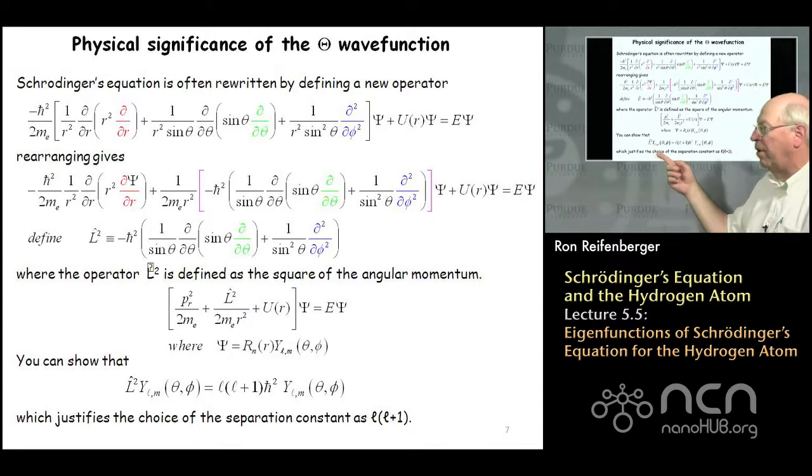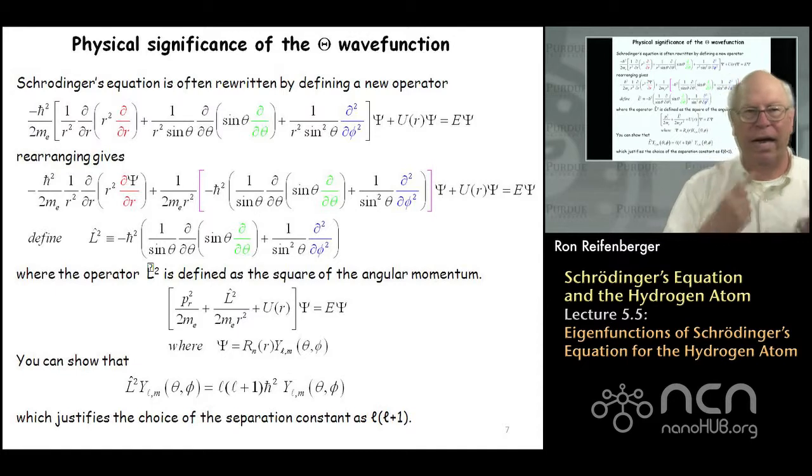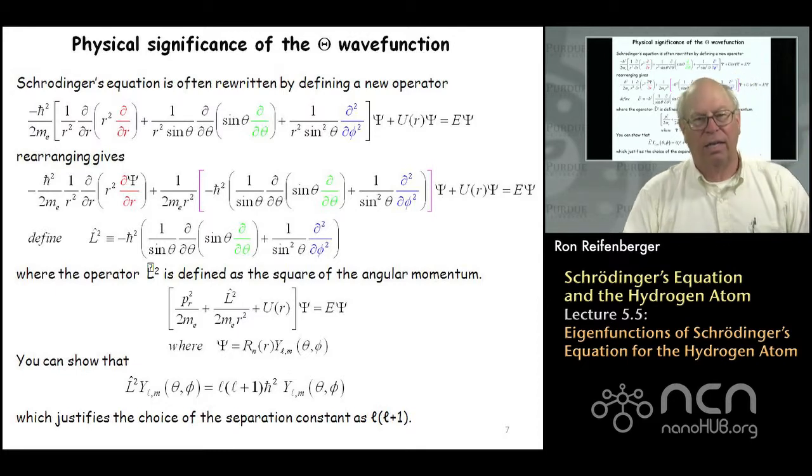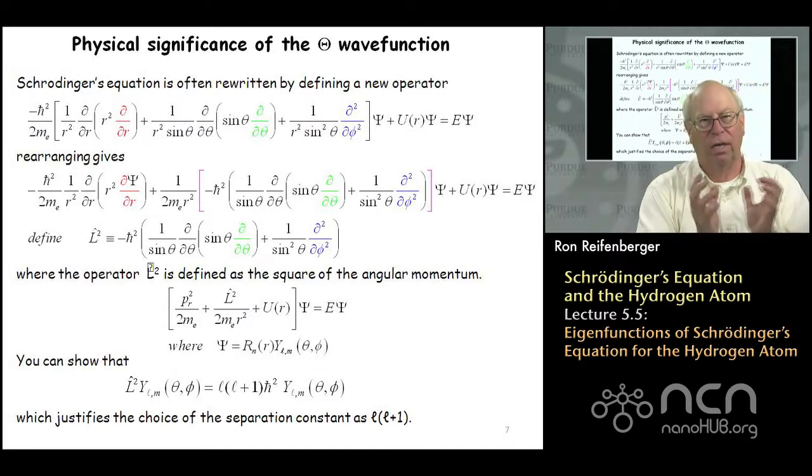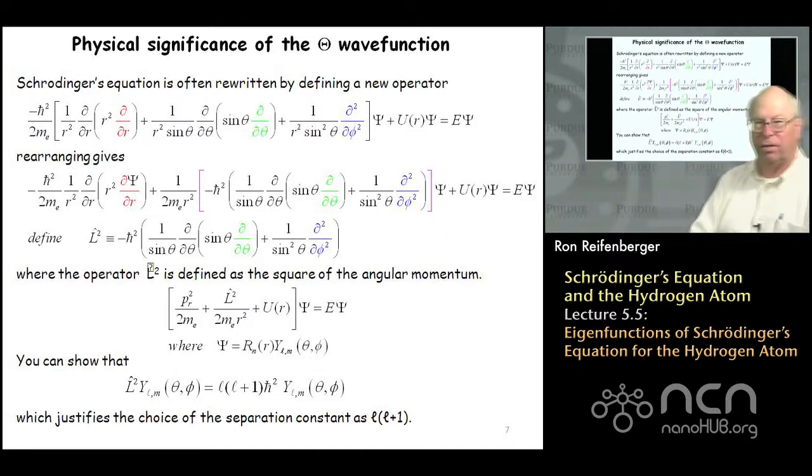This operator L squared is interpreted as the square of the angular momentum operator, and it describes the magnitude of the angular momentum that the electron has when it's physically bound to the proton to form the hydrogen atom.